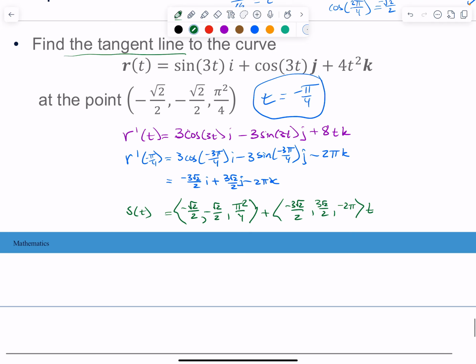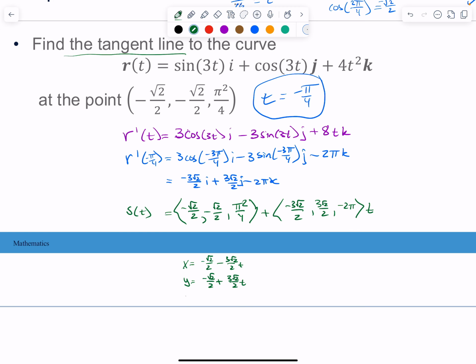I suppose another way to write this would be to write it in terms of x. Minus 3 radical 2 over 2t, y and z.